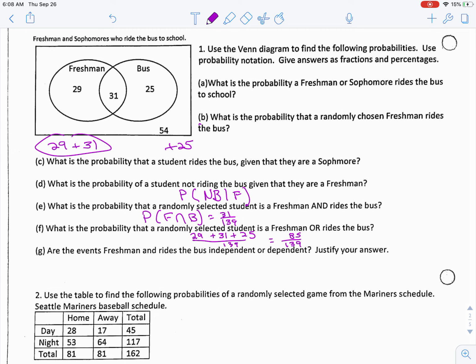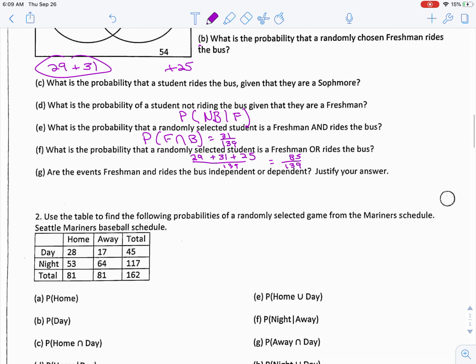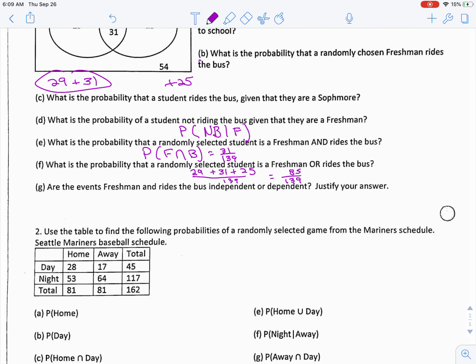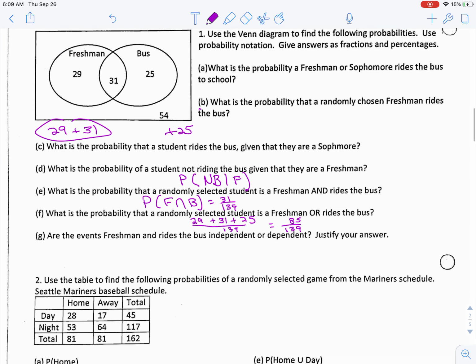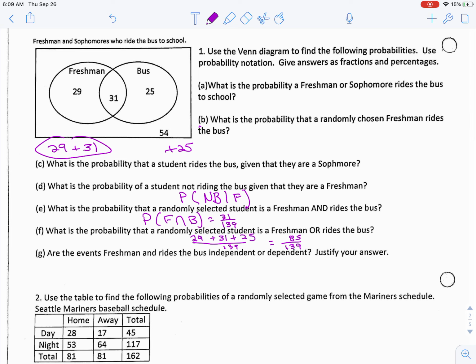Are the events freshman and ride the bus independent or dependent? There are a few different ways to do this. If I'm not your teacher, you probably know another way, but this is just the way I always think about it. So I'm going to take the probability just of being a freshman, which is 60 out of 139.